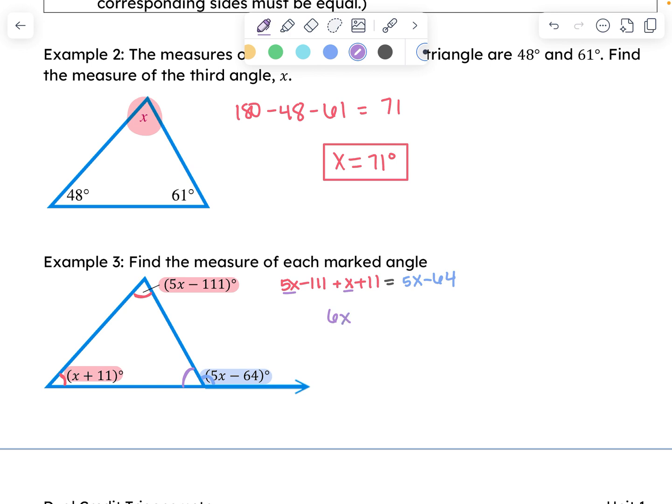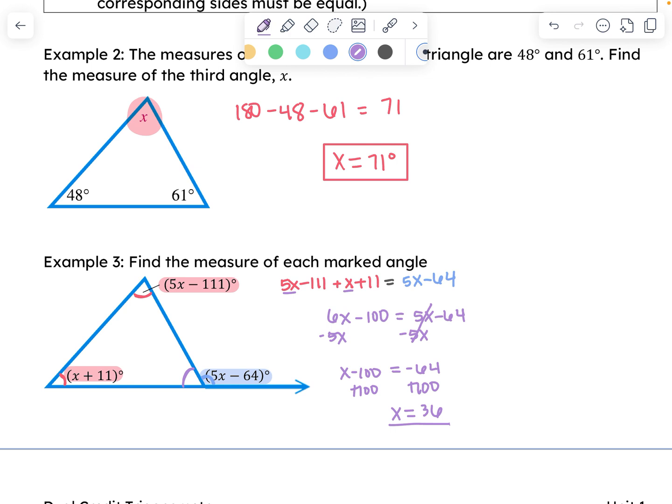Negative 111 plus 11 is negative 100. I'm going to subtract 5x from both sides. So x minus 100 equals negative 64. And I'm going to add 100 to both sides. So x equals 36.